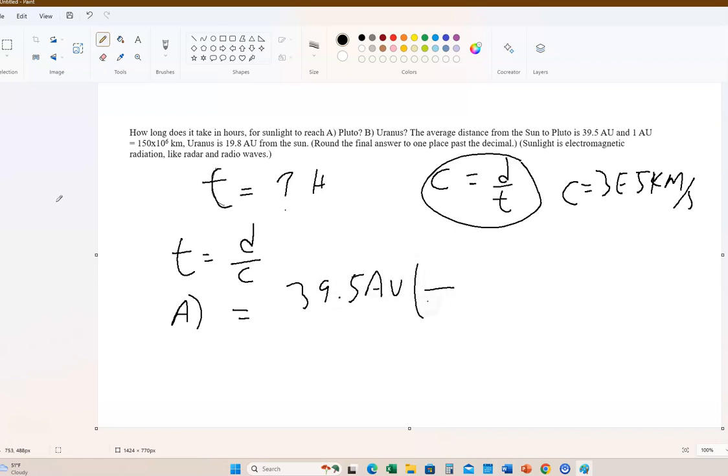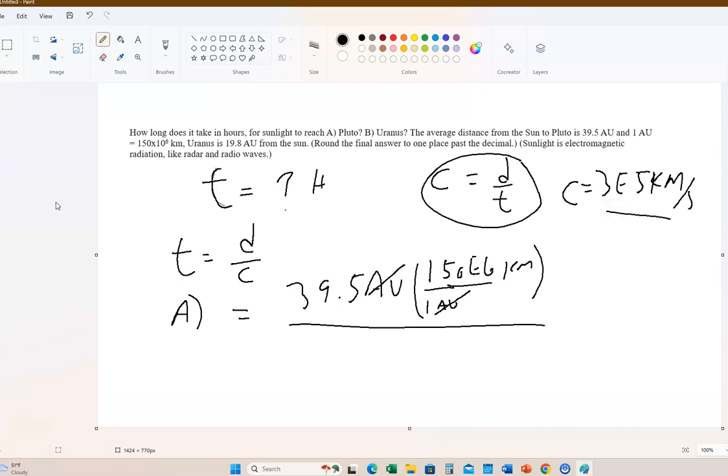But we know that in 1 AU there are 150 million kilometers, 150 times 10 to the 6th kilometers. Right away, the AUs cancel, and so that would be the number of kilometers. So when you multiply those two things, and then you just divide by the speed of light, that'll give us the answer. It's going to be divided by 3.